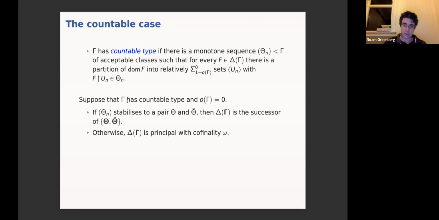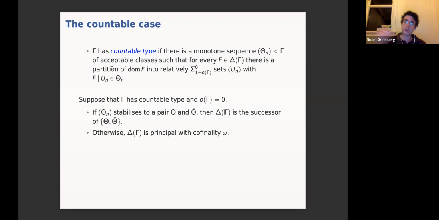If you have countable type and the psi ordinal at the root is 0, at the root you don't take any Turing jump, then you look at this sequence that witnesses the fact that gamma has countable type. And remember those 2 cases for monotone sequences. Either it stabilizes on a non-self-dual pair, theta and check theta, theta dual, or it doesn't.